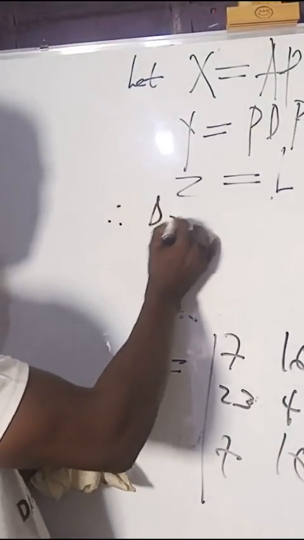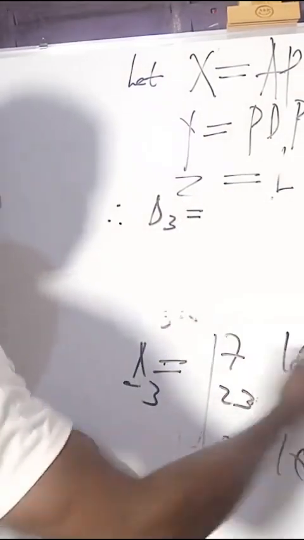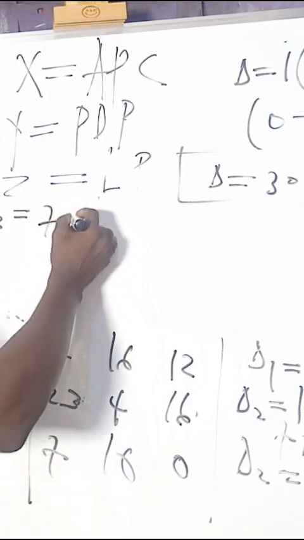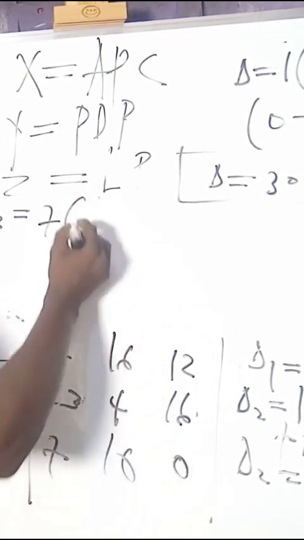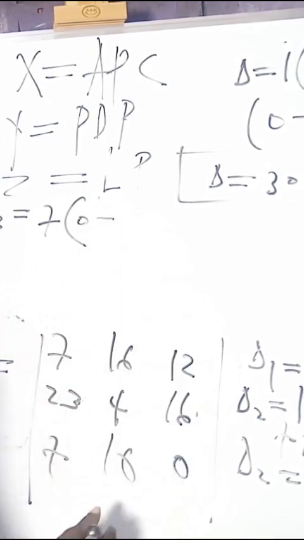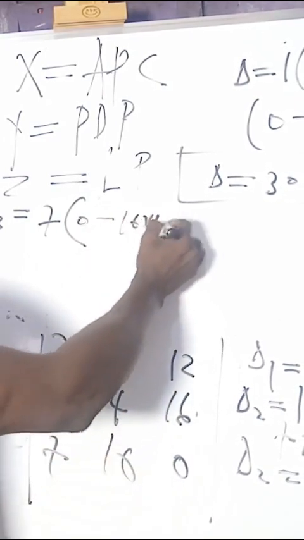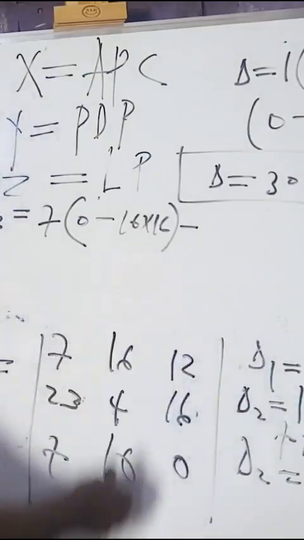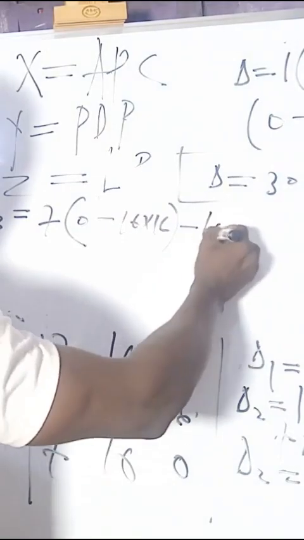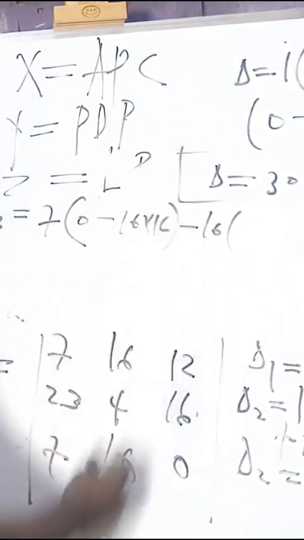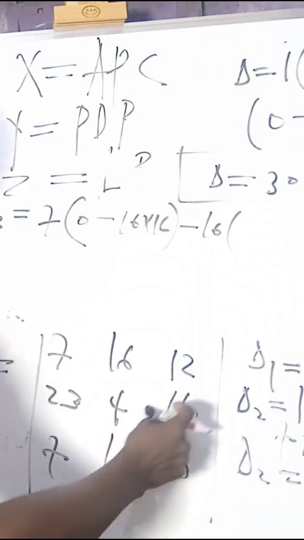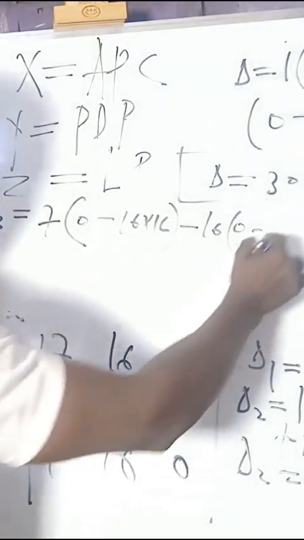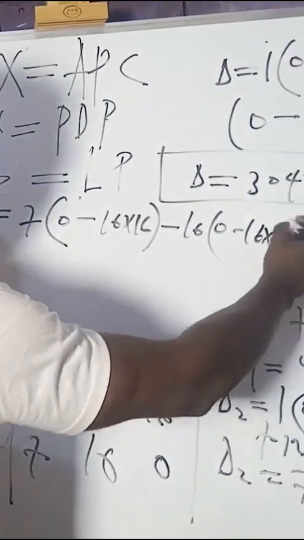Therefore, we have delta 3 to be equal to first row first column, and that is 7 into bracket 4 times 0 is 0 minus 16 times 16. Then minus again first row second column. So we have 16 into bracket 23 times 0 is 0 minus 16 times 7.